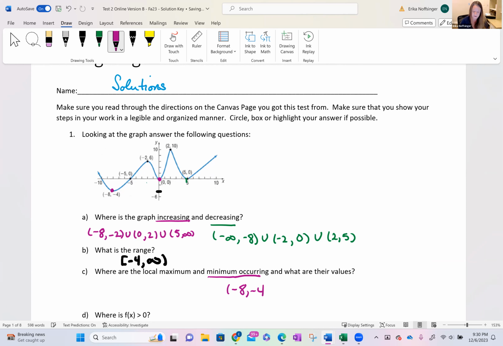We also have a minimum value here at 0, 0. A minimum value here at 5, 0. For maximum values, I have a point here. X is -2. The maximum value is 6. We have a value here at 2, 10.